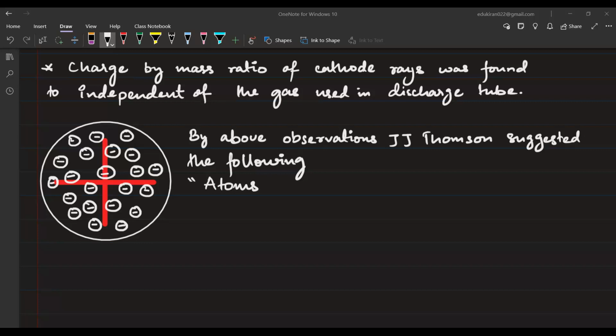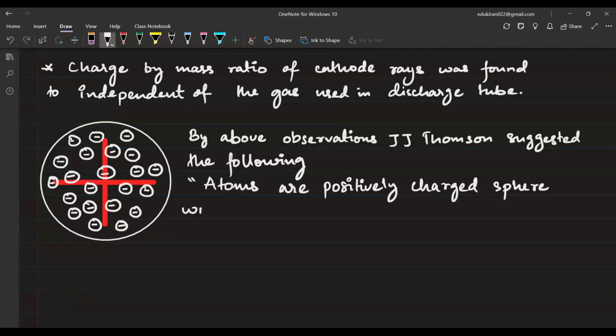He suggested that atoms are positively charged spheres with negatively charged electrons in it.